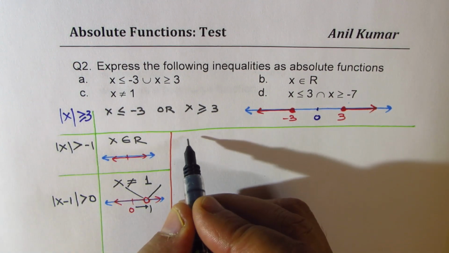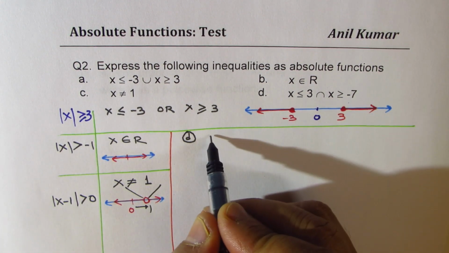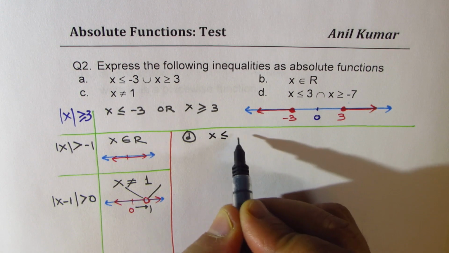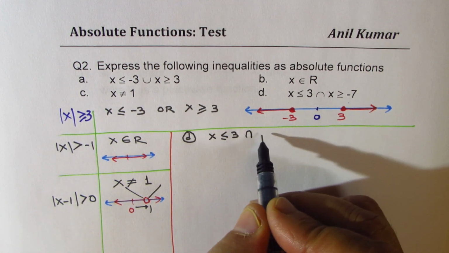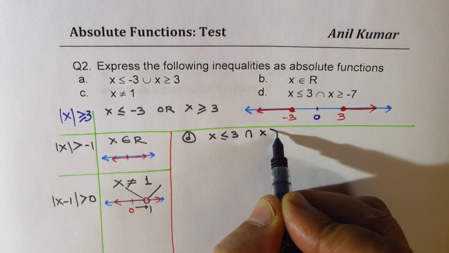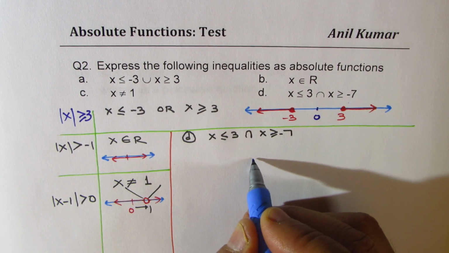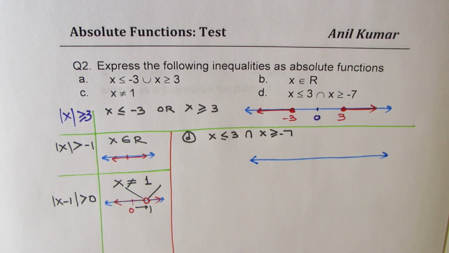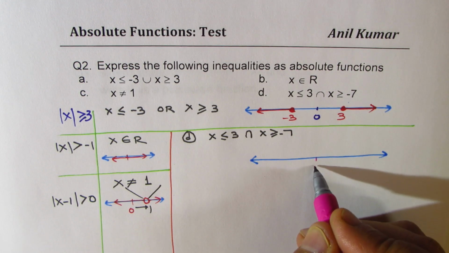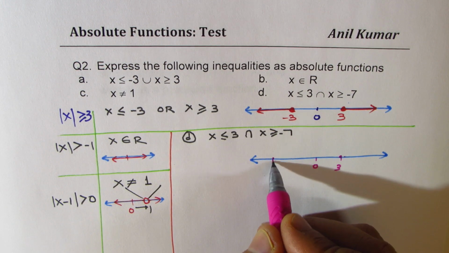Now let's look into part D, which is a critical question here, where we are saying that x is less than or equal to 3 intersection, meaning and, x is greater than or equal to minus 7. Now what does that mean? On a number line, let's say this is 0 and this is 3 for us, and here we have minus 7.